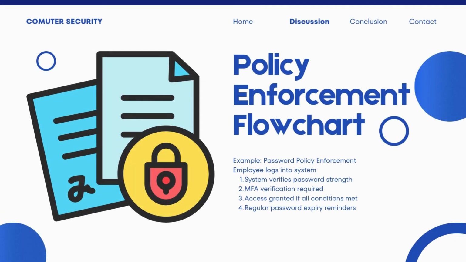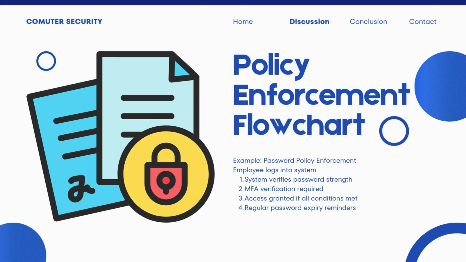Thank you, Siva. Now I'm going to talk about the policy enforcement flowchart. Here we have a simple example of a policy enforcement flowchart, especially for password policy enforcement. When an employee logs into the system, it first verifies the password strength to ensure it meets security standards.